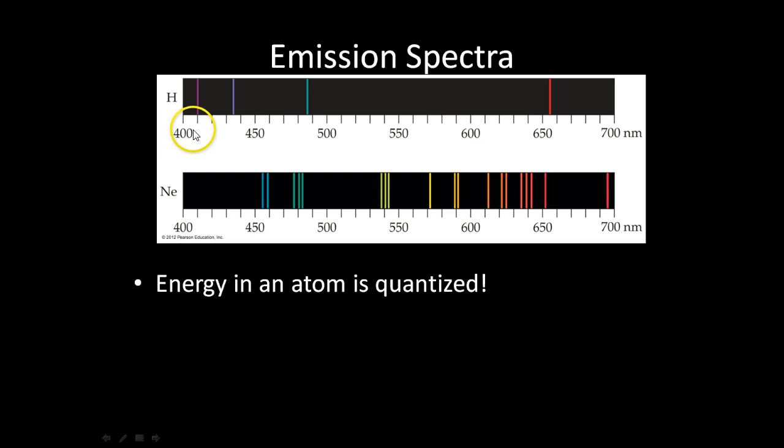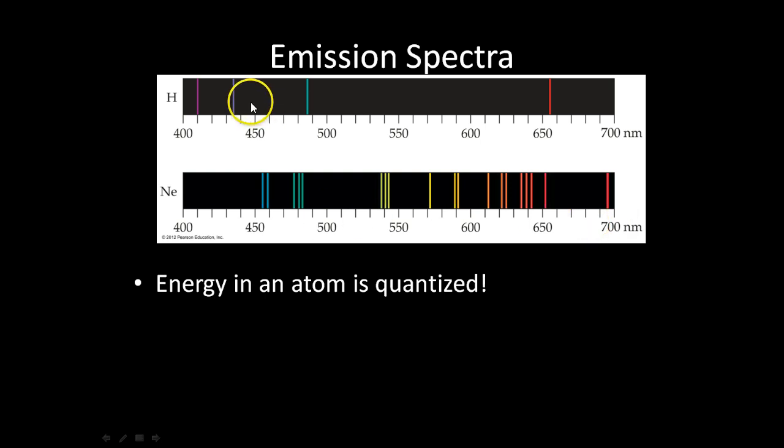And what was found was that only certain photons, certain colors, would be emitted from a given atom. So for helium, the only visible colors of light were this violet light, this purple light, this green light, this red light. For neon, there were more bands, some more colors of light that were emitted.